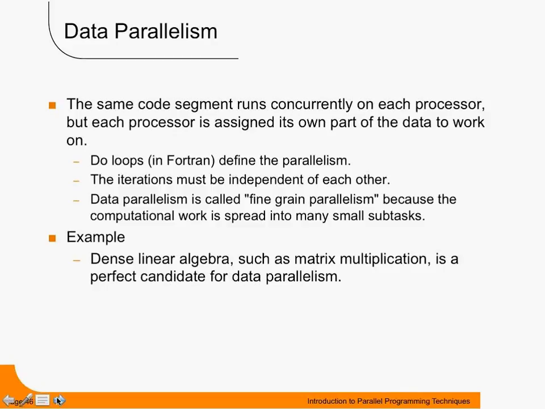The things discussed so far are the shared memory model, with OpenMP, and the distributed memory model, with MPI.